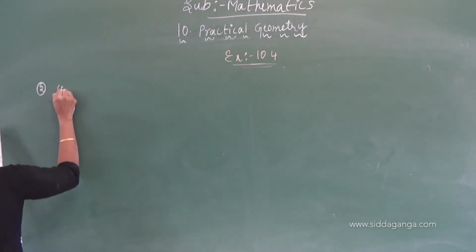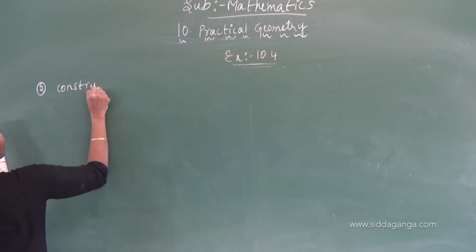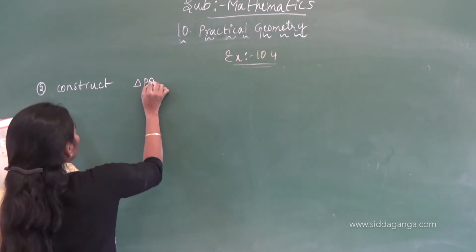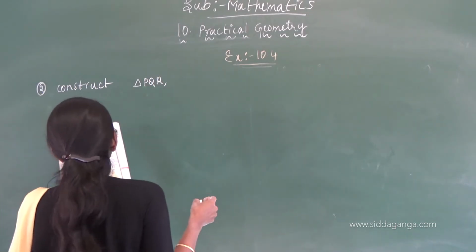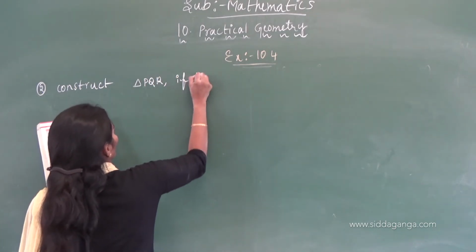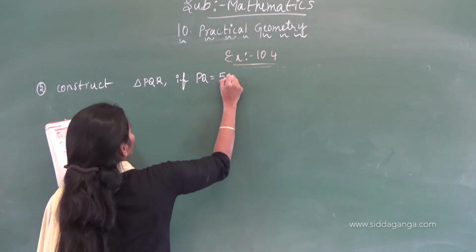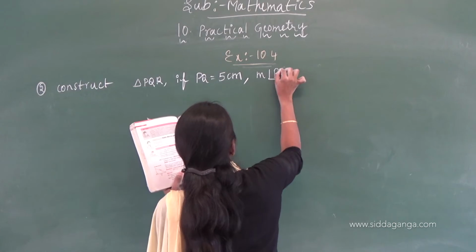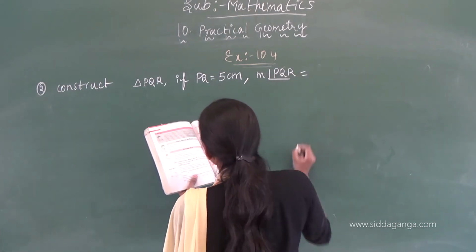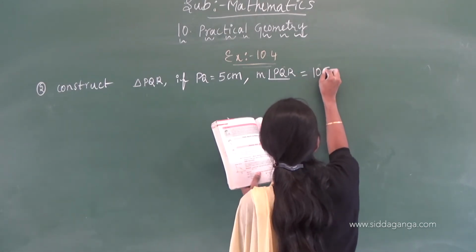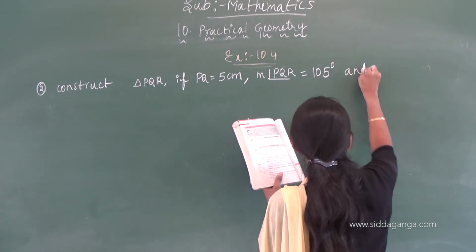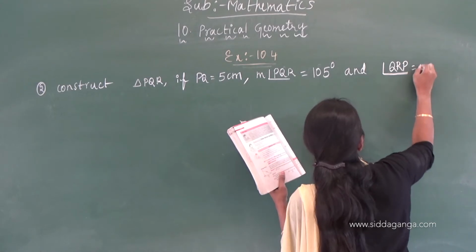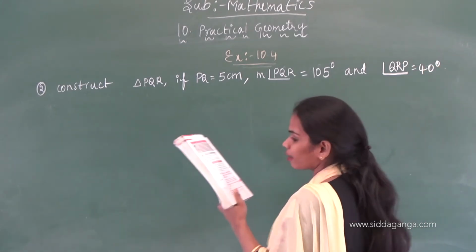Construct triangle PQR if PQ equals 5 centimeters, measurement of angle PQR equals 105 degrees, and angle QRP equals 40 degrees.